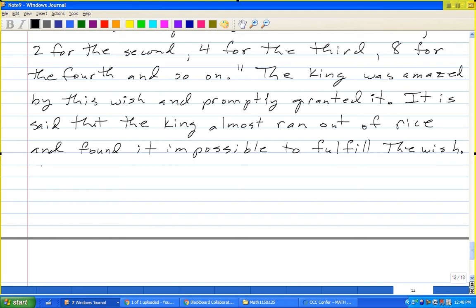Okay, so the question is explain why this is so. There are 64 squares on a chessboard.